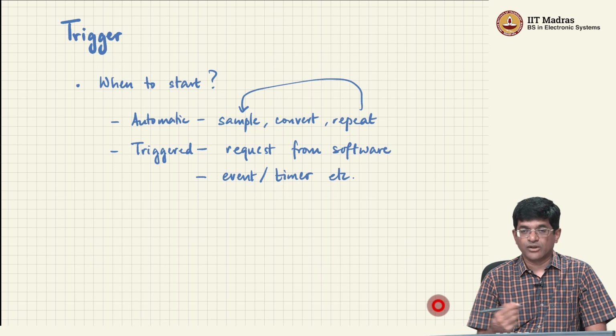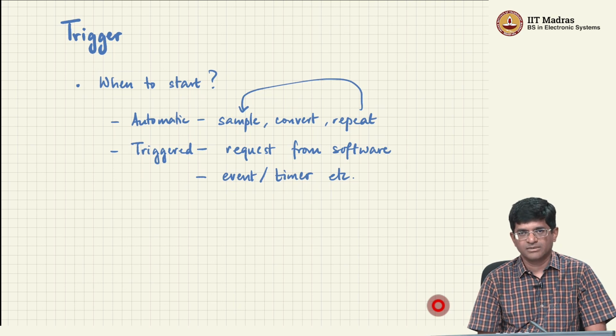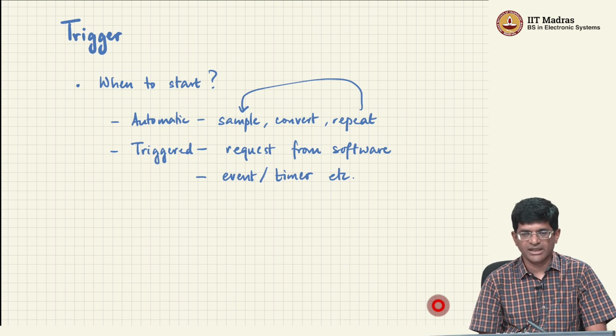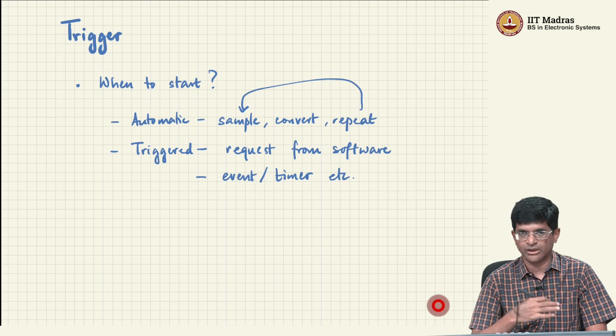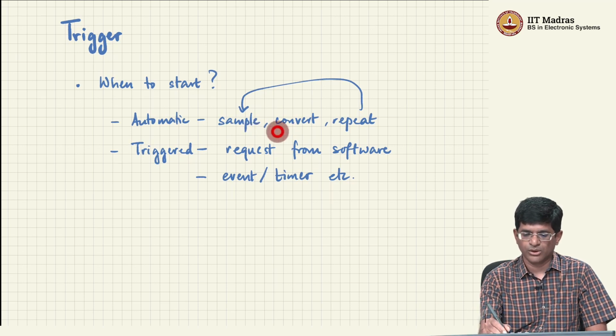And one of the more important questions that you need to answer as far as A to D conversion is concerned is, when should I start? Or rather, when should I do a conversion? Like I said, you could have an automatic conversion process, which is typically what you want when you're taking a real-time signal and trying to convert it into something. That's when things like Nyquist rate and so on come into the picture. You sample, you convert, and repeat this process.